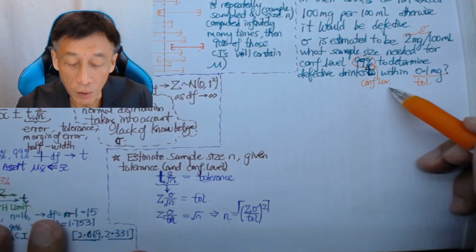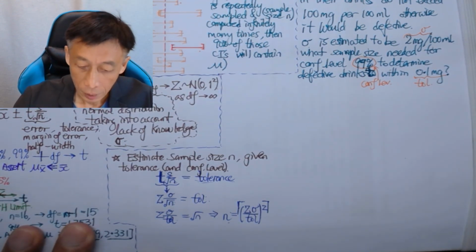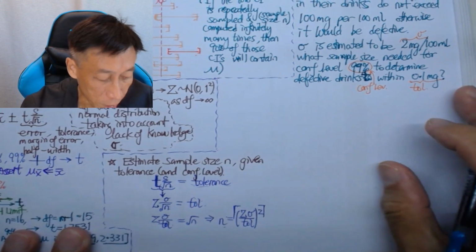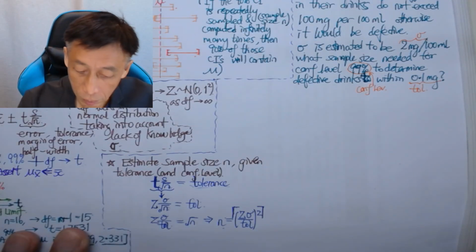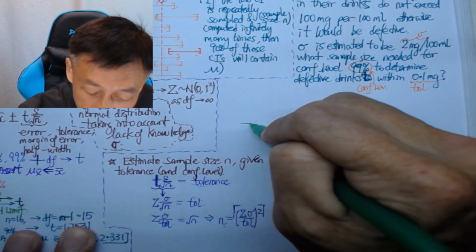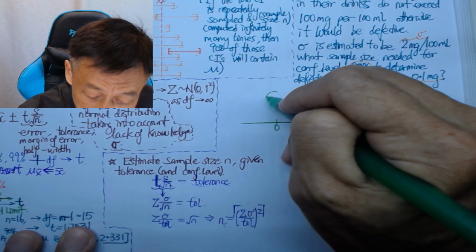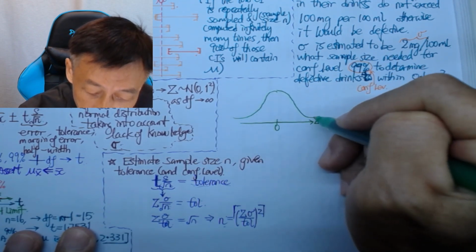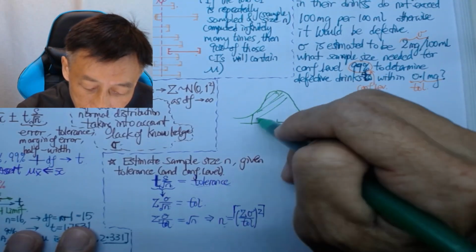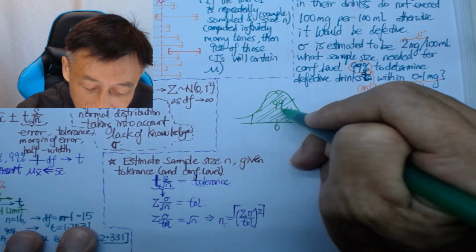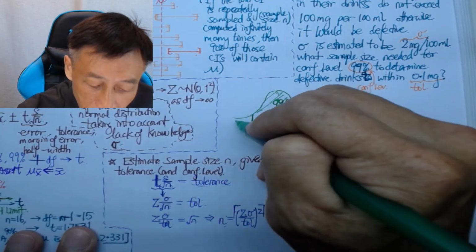So the confidence level is going to give rise to the Z value. And what is the Z value corresponding to 99%? Very simple. We're going to sketch a normal curve, symmetrical, with a 0 in the middle. 99% is always sitting in the middle, and 1% is split equally on the left and on the right.